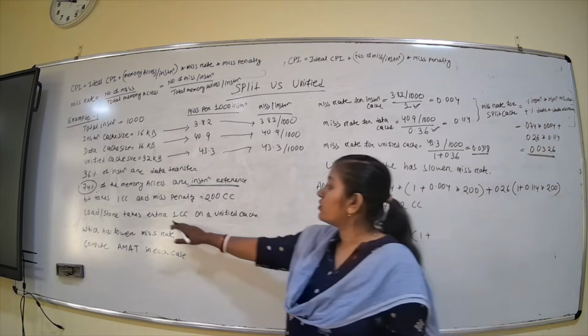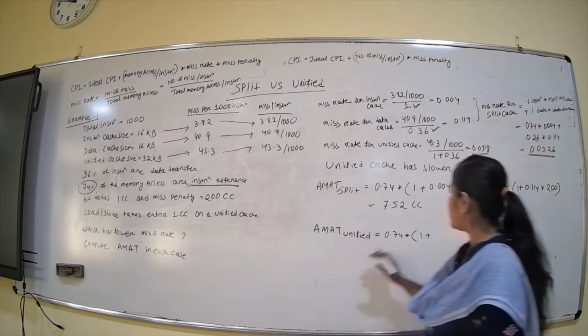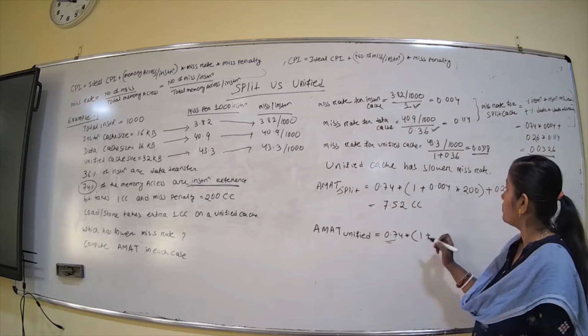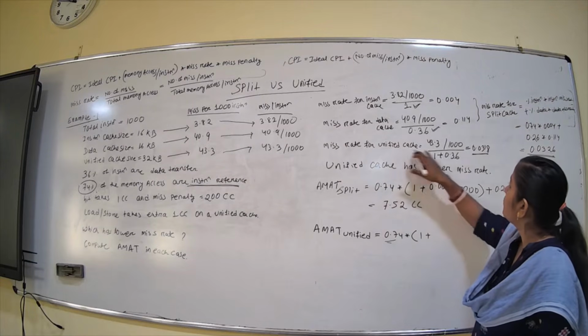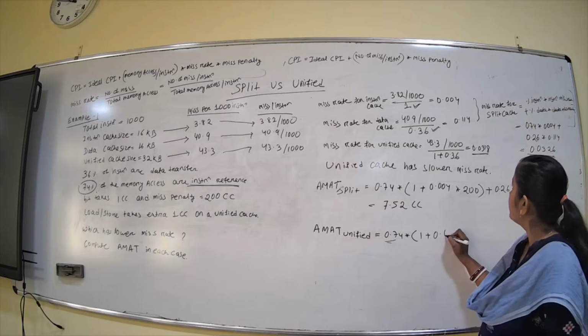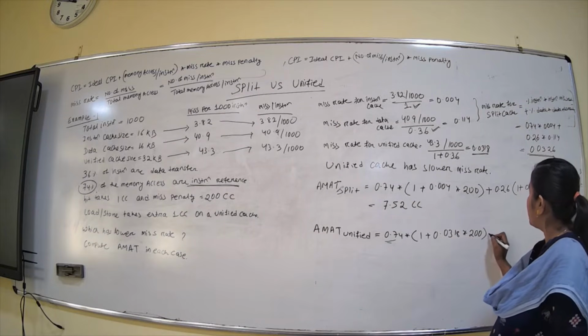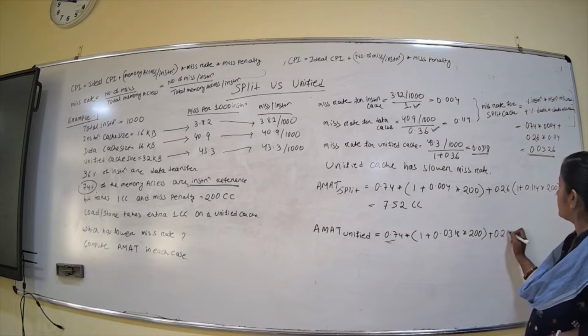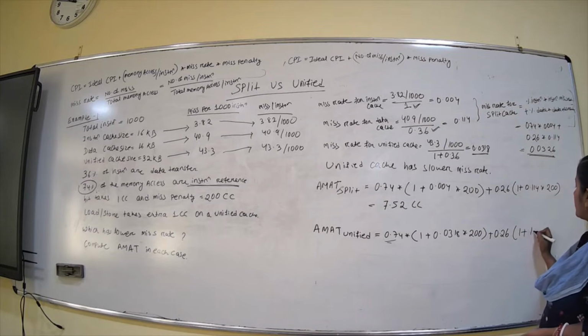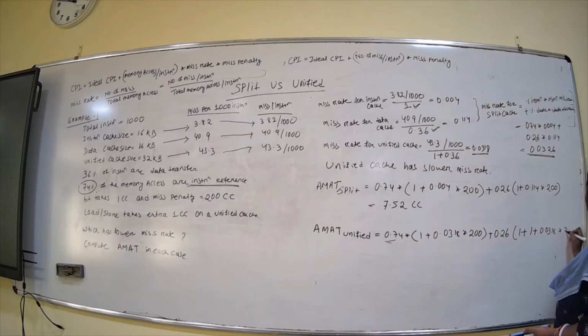So for load and store it will take 1 clock cycle extra, but for now we are talking about the instruction. So 1 plus 0.0318 into 200, plus 0.26 into 1 plus 1 plus 0.0318 into 200.